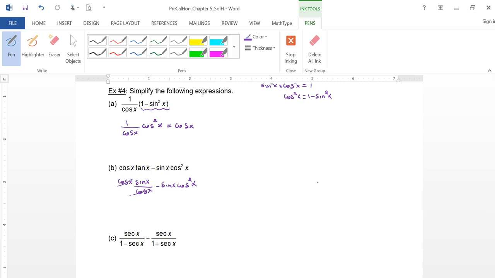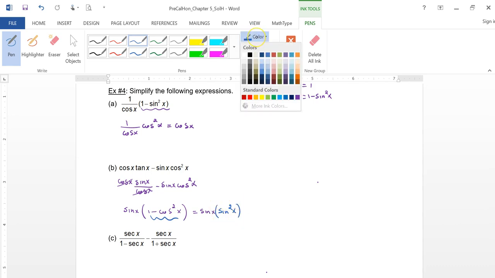What can I do with the sines? I can factor out a sine of x. So I get 1 minus cosine squared x. And from this identity, that's just sine squared x. So this is sine of x times sine squared x. So that's sine cubed x.